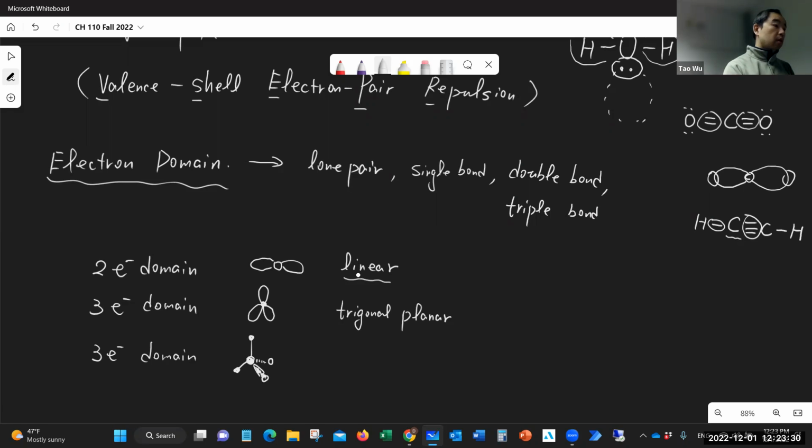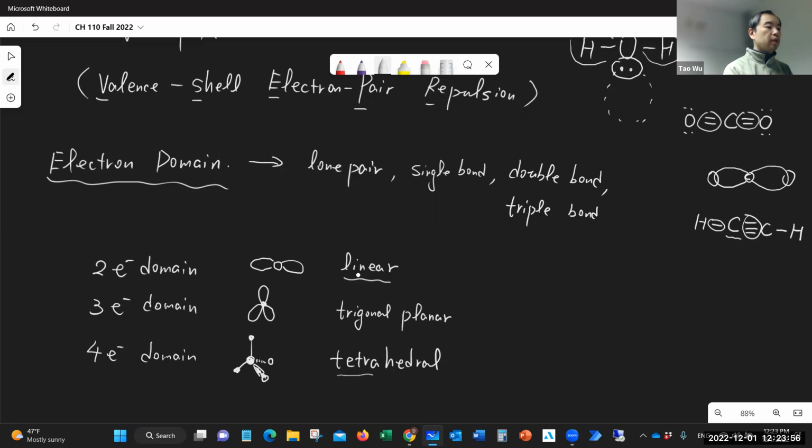All right, this one we give the name tetrahedral. This has 4 electron domains, so we call it tetrahedral.